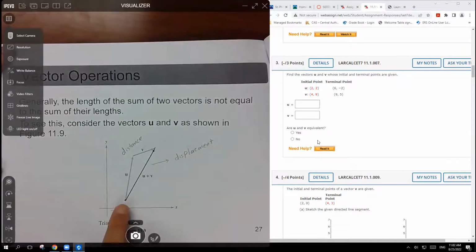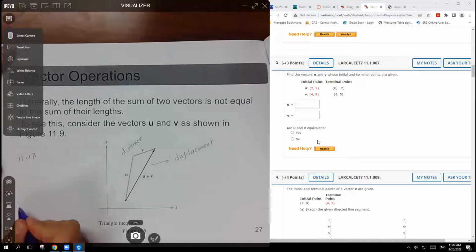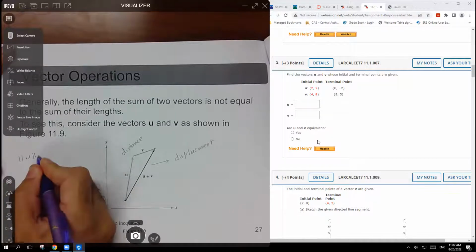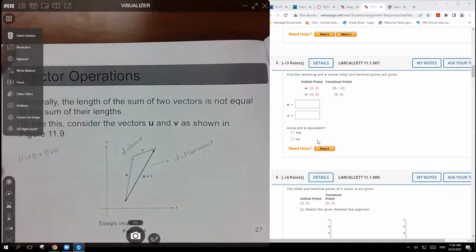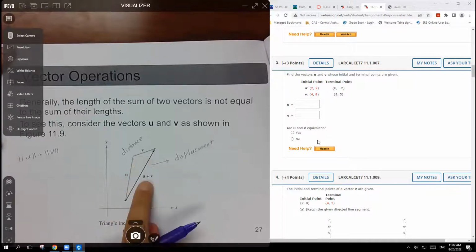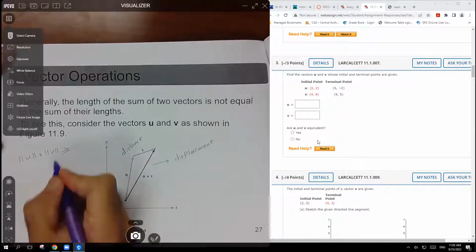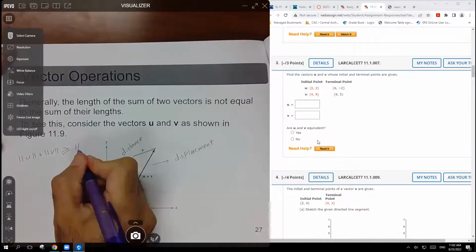That means if you add the length of u plus the length of v, it is going to be greater than, sometimes equal to, the length of u plus v.